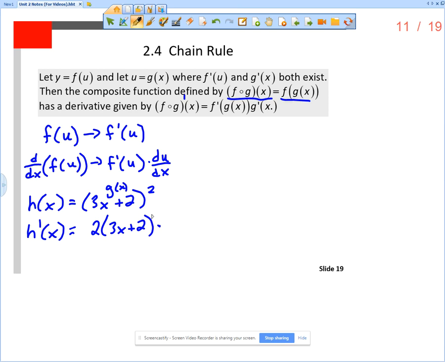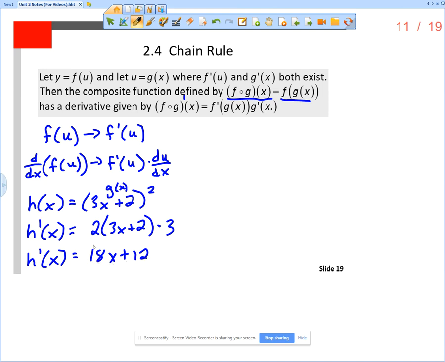Well, the derivative of 3x plus 2 is 3. So that means h prime of x is 2 times 3, that's 6, so I have 6 times 3x, so 18x, and then 6 times 2 is 12. So if I had 3x plus 2 quantity squared, and we find its derivative, that simplifies to 18x plus 12.